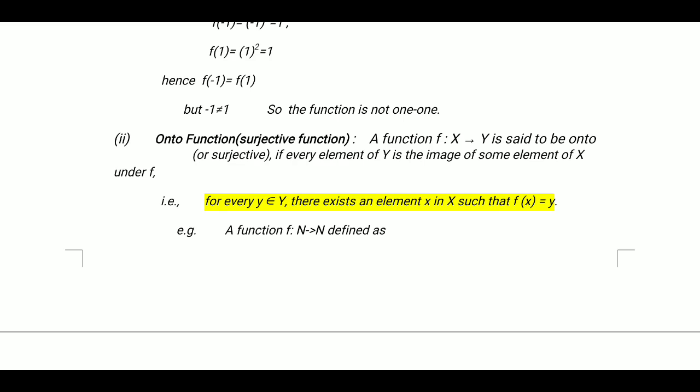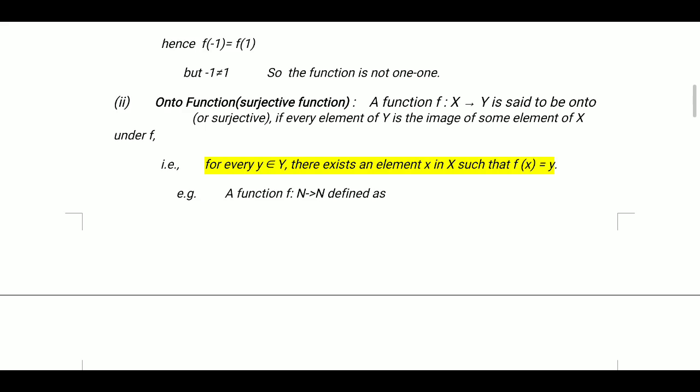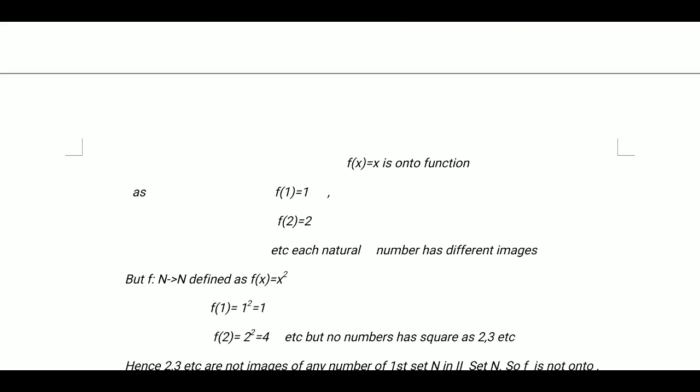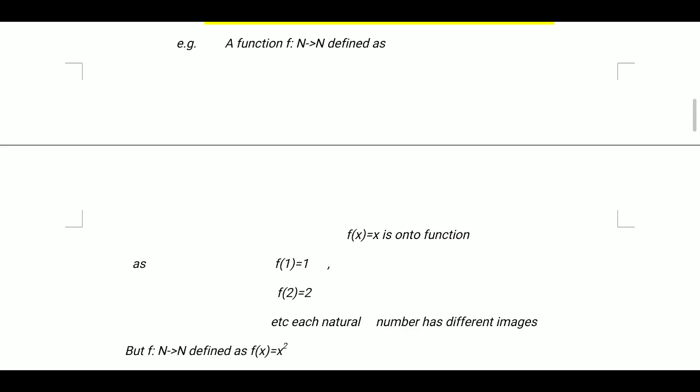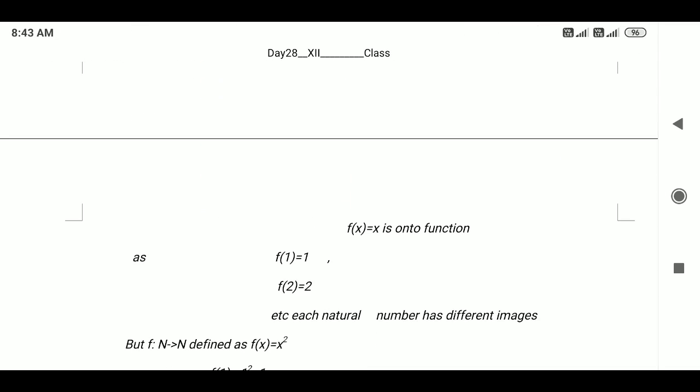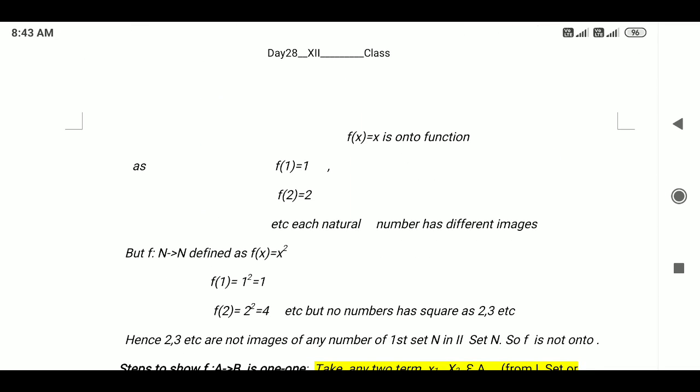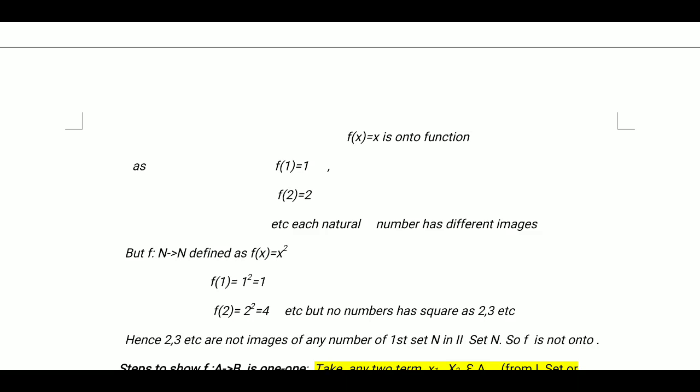Now, for example, a function f from N to N defined as f(x) = x is an onto function. How will you define it? You take any two values of N, that is 1: f(x) is x, so f(1) is 1, and any other element 2, f(2) is again 2.